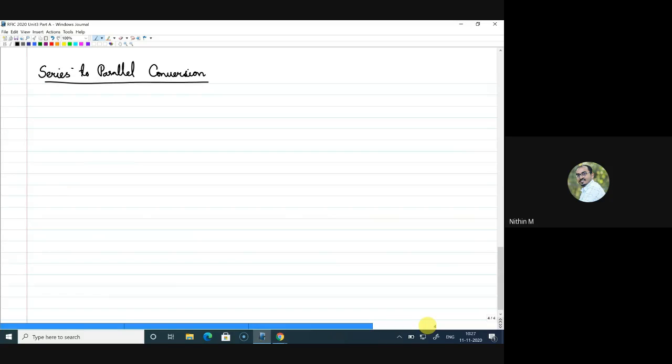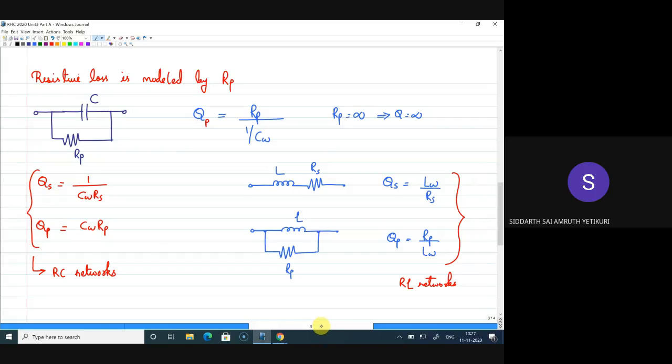Okay, now there are questions. Will there be any way to calculate the Q factor of an RLC circuit? Yes, we can calculate. Is there any mathematical proof? You mentioned that when R is in parallel, we took the initial condition that Q should be infinity when Rp is infinity, and hence we reduced this equation for the quality factor. Is there any mathematical way of getting it? Yes, definitely.